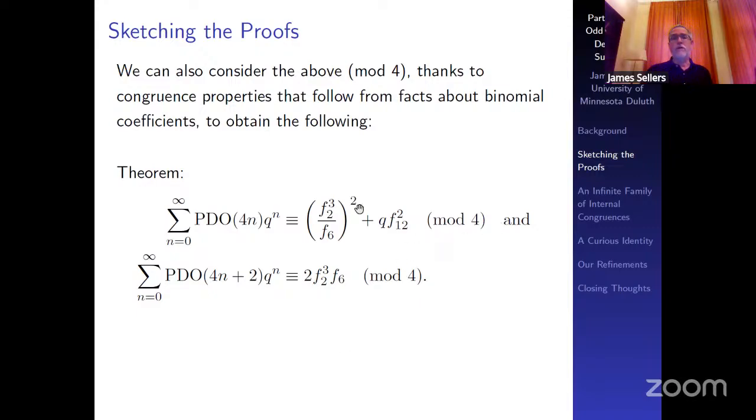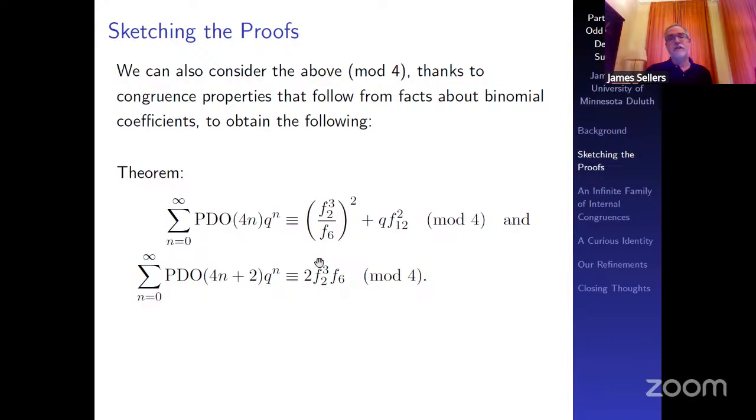Mod 4, this turns out to be a 2 dissection of this object because all the subscripts here are even. 12 is even, and it's being multiplied by a q to the 1. So this will be the even part. This will be the odd part. So the generating function for PDO of 8n is coming from this, and the generating function of PDO of 8n plus 4, which is 4 times 2n plus 1, is immediately coming from this. So in a moment, I'm going to get some mod 4 congruences just flat out immediately.